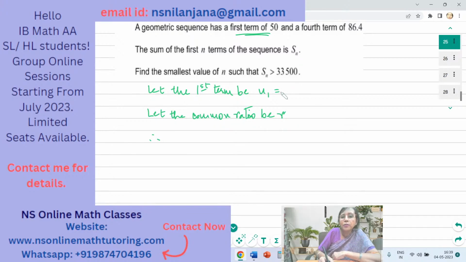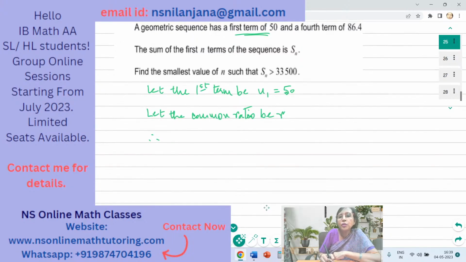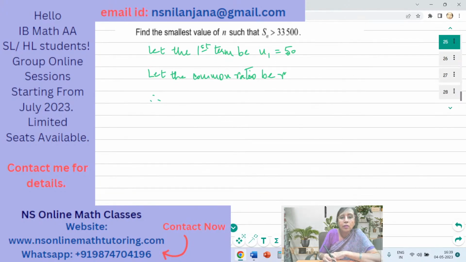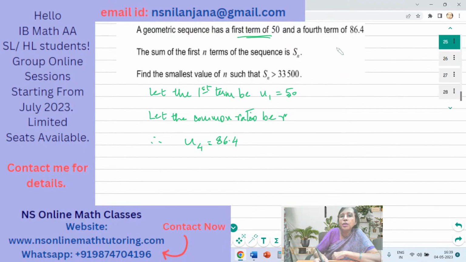Let me write it over here. And the fourth term is 86.4. Fourth term, so u4 is equal to 86.4. Doing it once more, u4 is equal to 86.4.